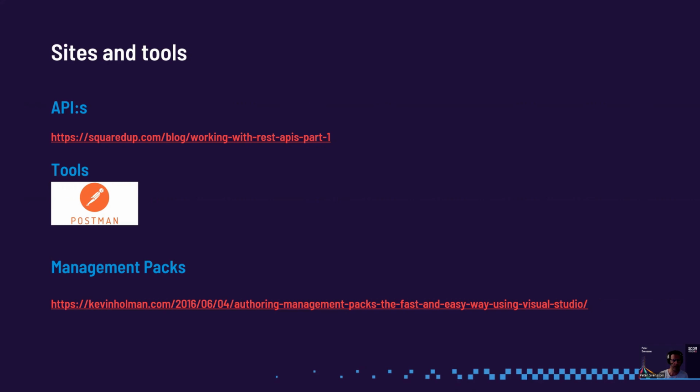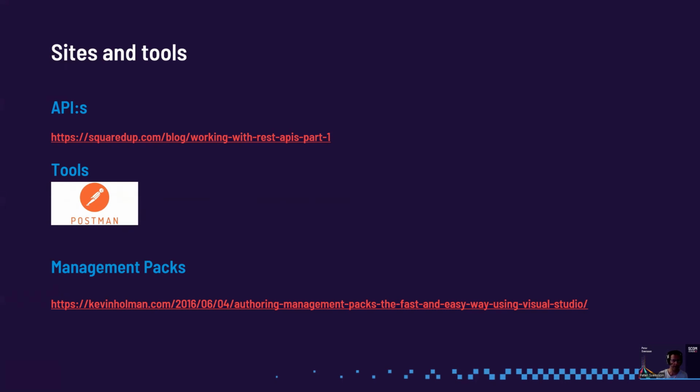Then you also have a nice tool, if you haven't used it before, called Postman, that you can download for free. It is also a good way to explore APIs in a more graphical way. It has a bunch of authentication methods, and it's a very nice tool to explore different APIs and to learn more about them.